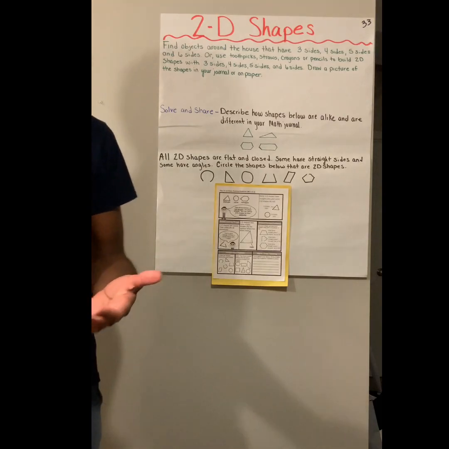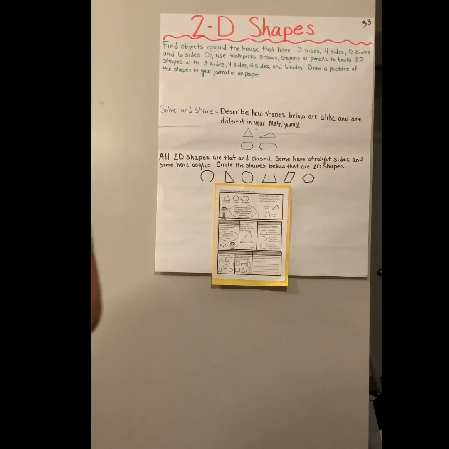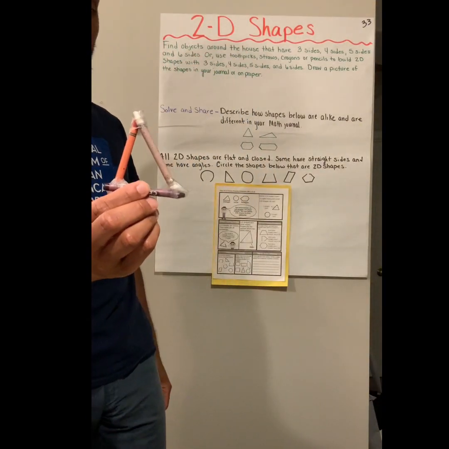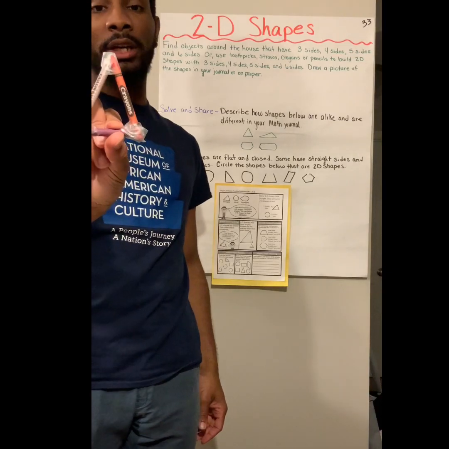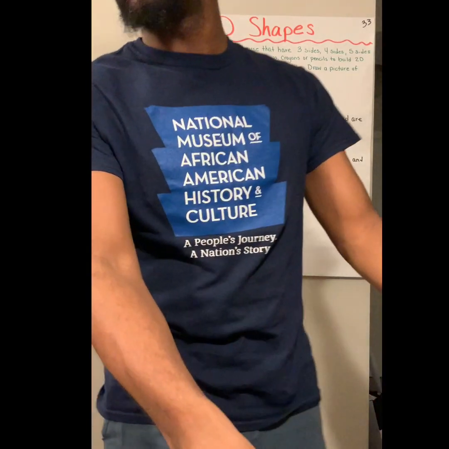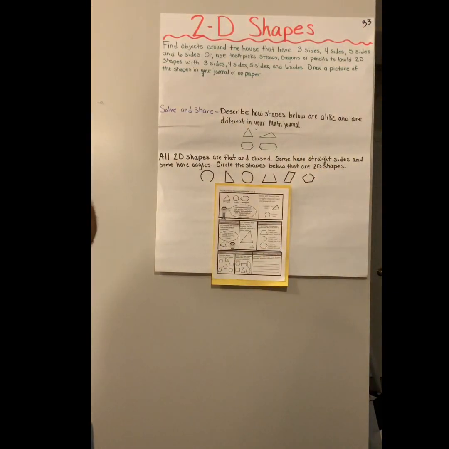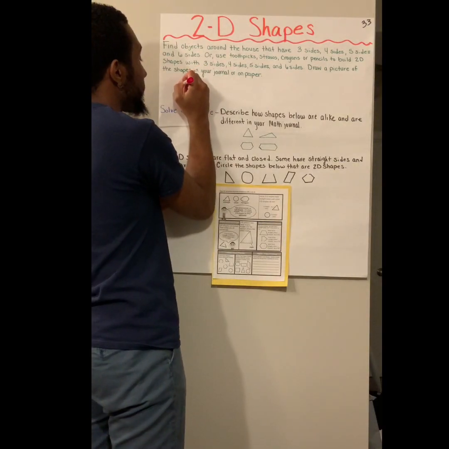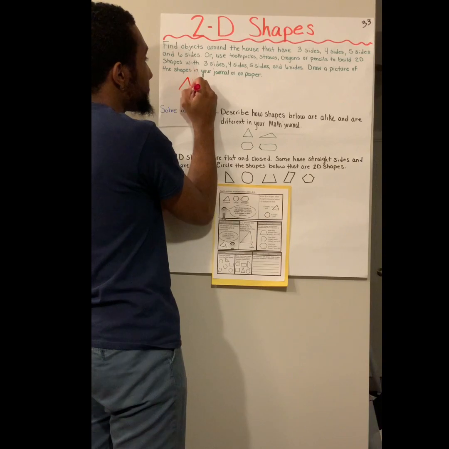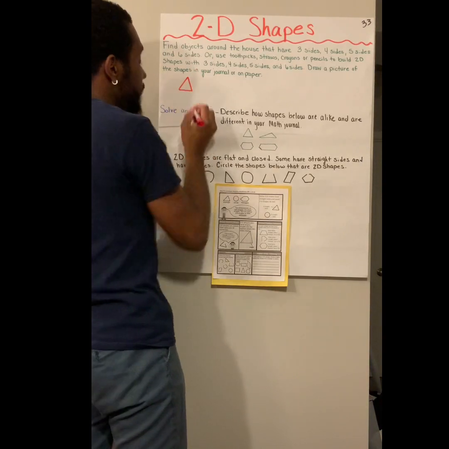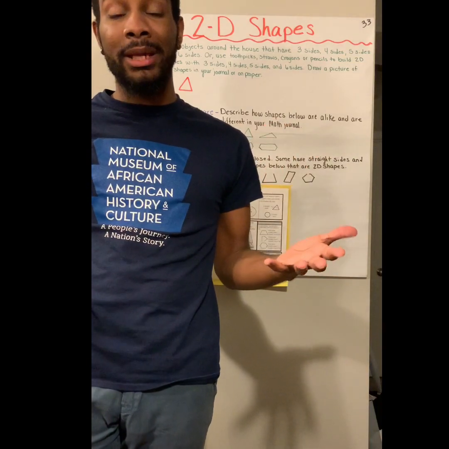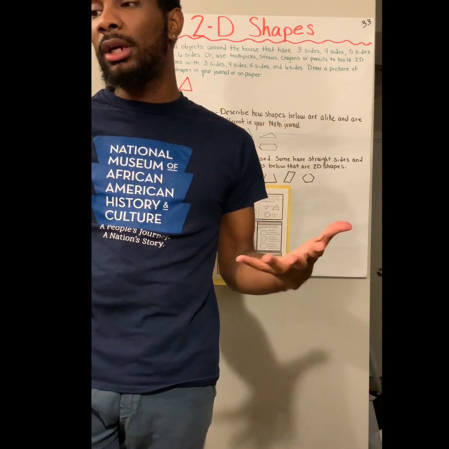So my first shape I said I was going to find is, I made a triangle out of crayons. So what I'm going to do is draw a triangle, because I made a triangle out of crayons.